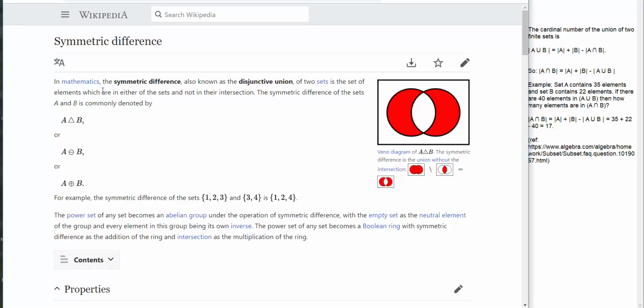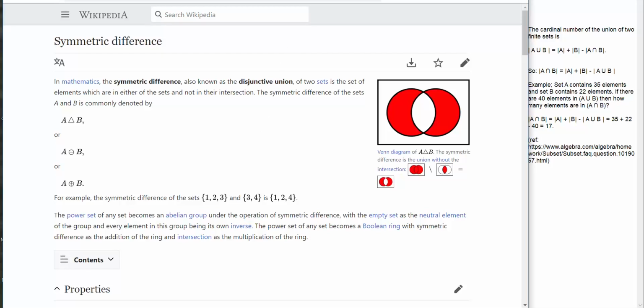In mathematics, the symmetric difference, also known as the disjunctive union of two sets. Oh, so basically this is the symmetric difference. You have the union, but excluding the intersection.